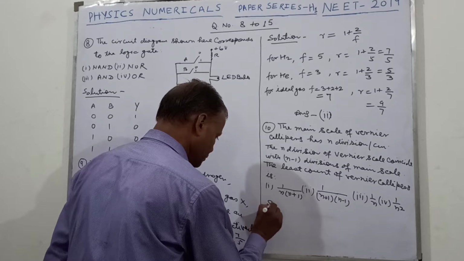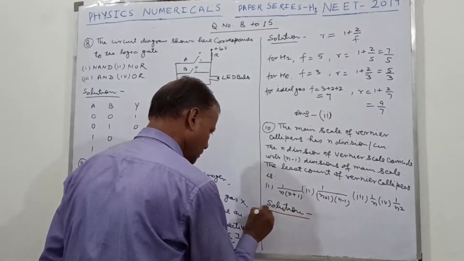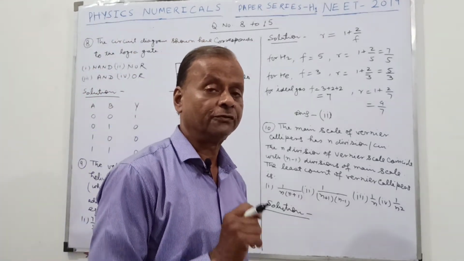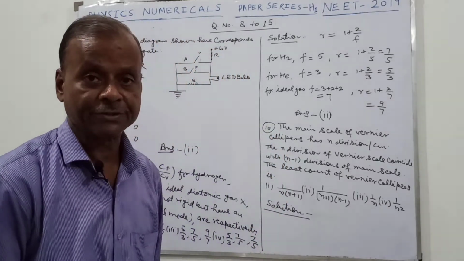Now solve. I will tell you two methods of finding the least count of the vernier calipers.